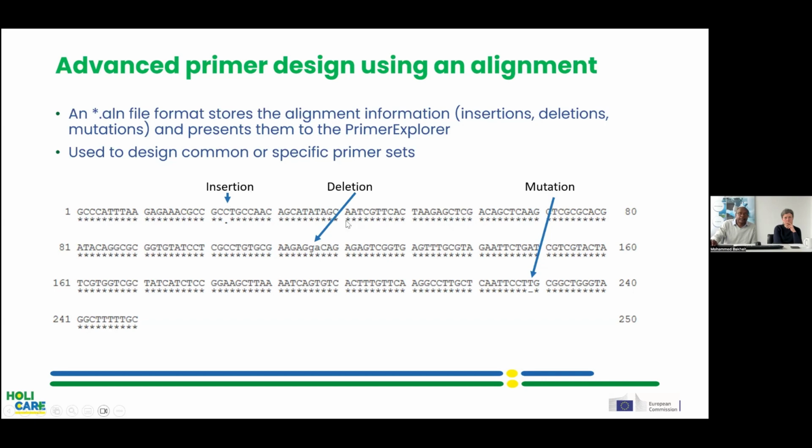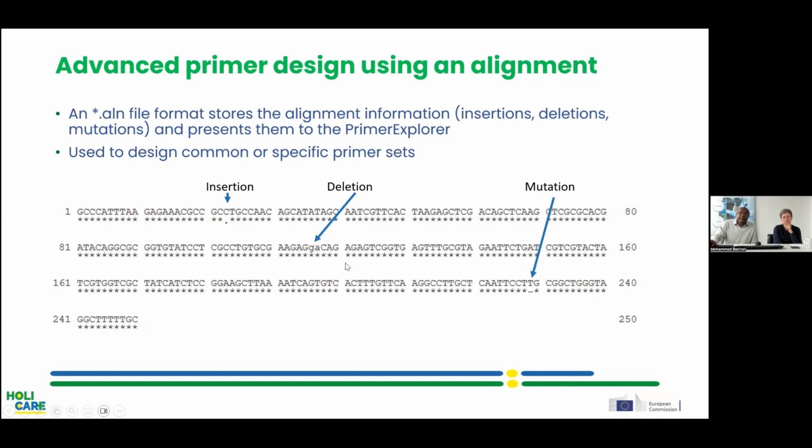For example, in the display, where there is an insertion in the sequence, you can see this small dot here. Where there is a deletion, it's always displayed as small letters; in between these two small letters is a deletion. If there is a mutation, it's going to be shown as minus here. And where you see a star, that means there is no difference between the sequences of your alignment.